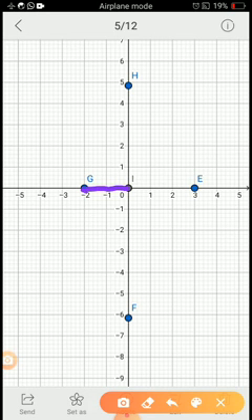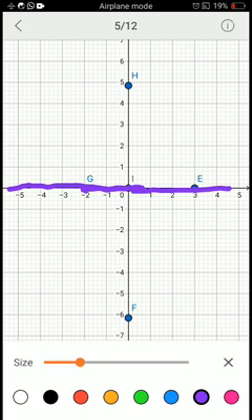Clear? So on the x-axis, can I say that always my y is 0? Check whether on the x-axis I will always have y as 0. Yes?